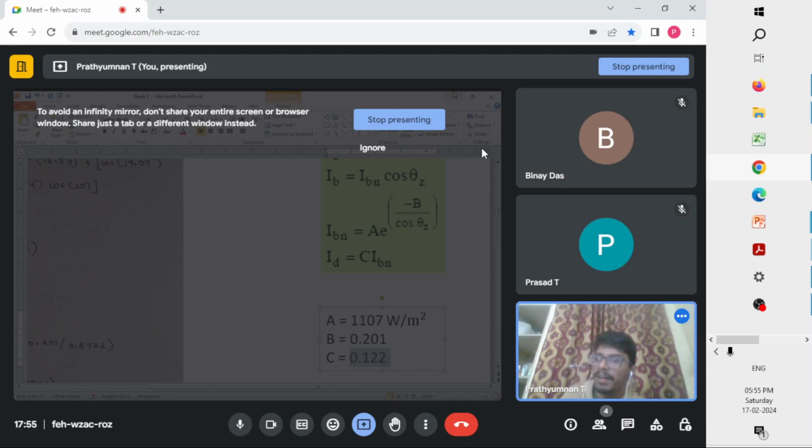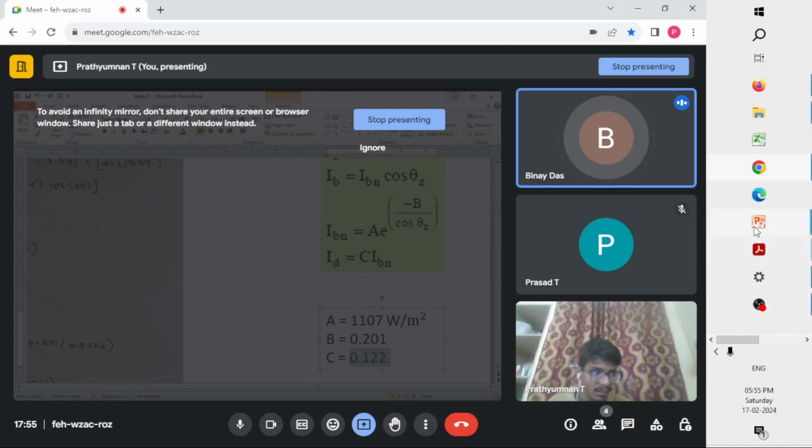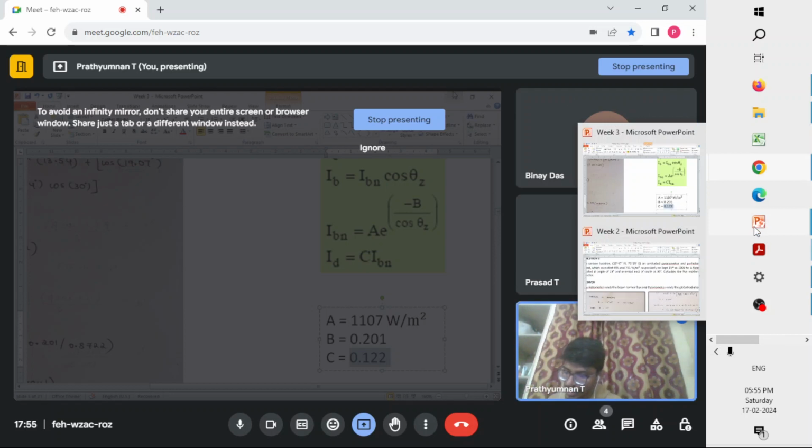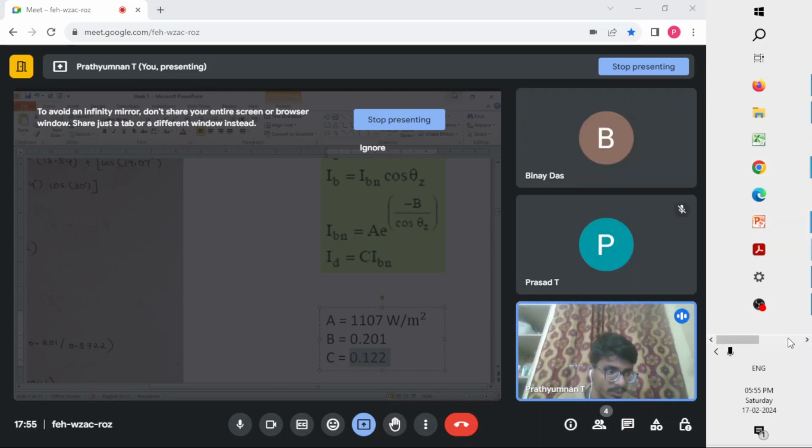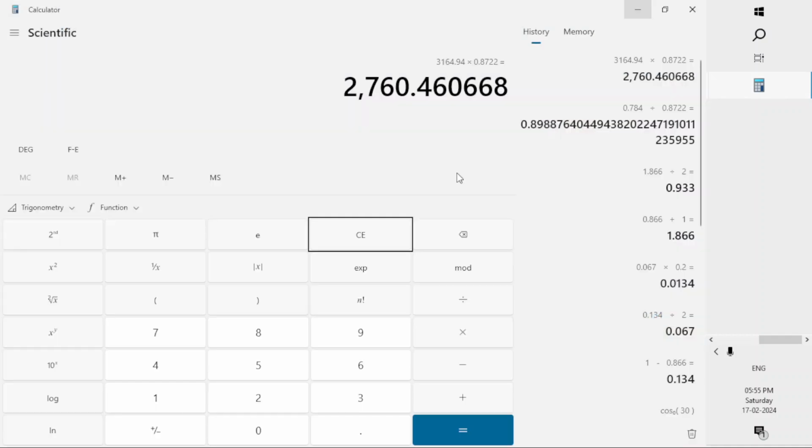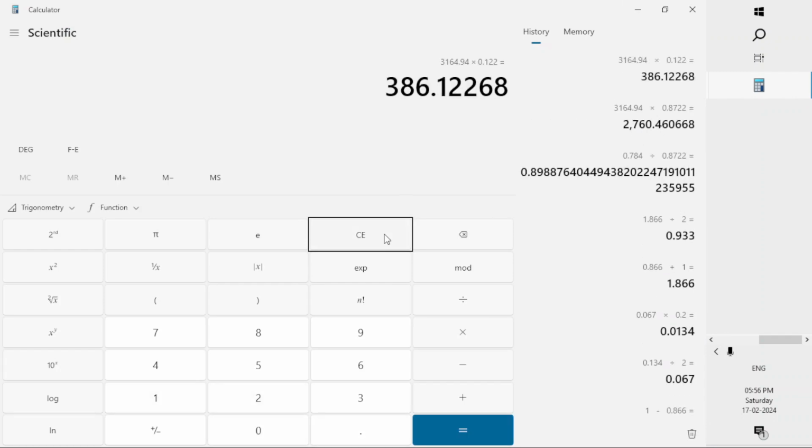Okay, because you have responded, let us just calculate. 3164.94 into your C value, that is 0.122, gives 386.12.